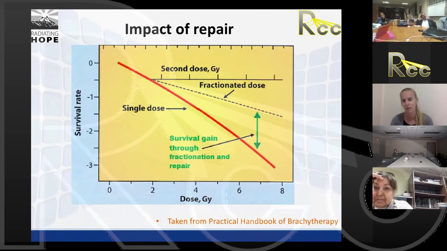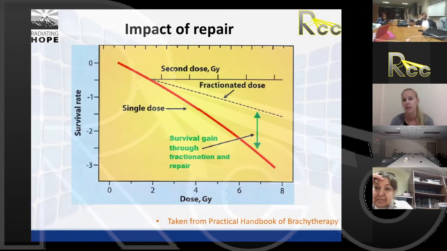I've stolen a few of their slides, a few of their graphs from the book. What this curve is showing is if you have a single dose of radiation, how many cells will survive depending on the amount of radiation that cell is exposed to. Obviously in a single dose, if you expose your cells to 6 gray of radiation, a lot of the cells won't survive.